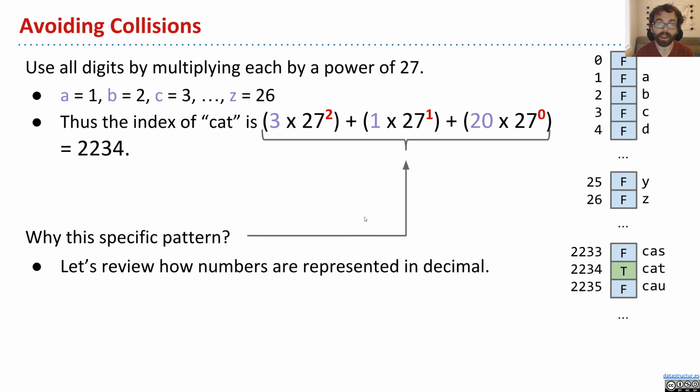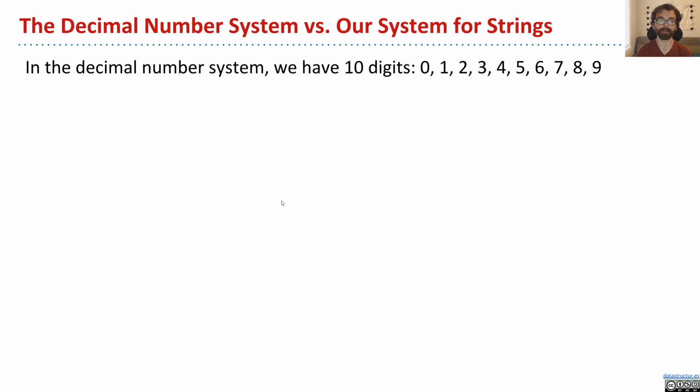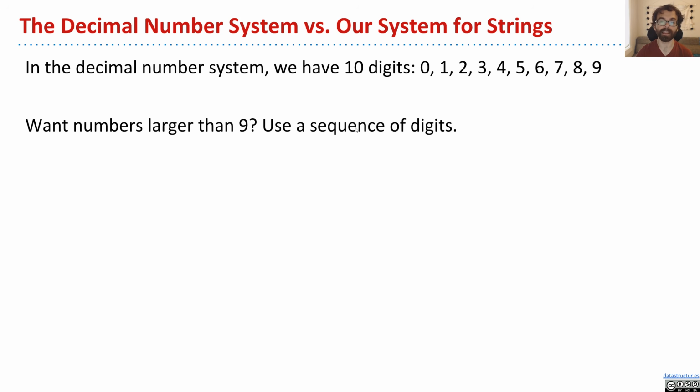Okay, so why am I doing this specific pattern, these powers of 27? Well, let's think about how numbers are done in decimal. In the decimal number system, we have 10 different digits. We have 0, 1, 2, 3, 4, 5, 6, 7, 8, and 9. If you want a number larger than 9, you use a sequence of digits.